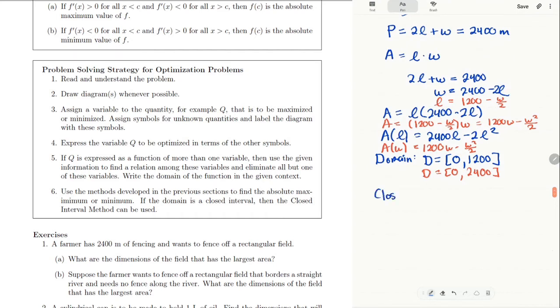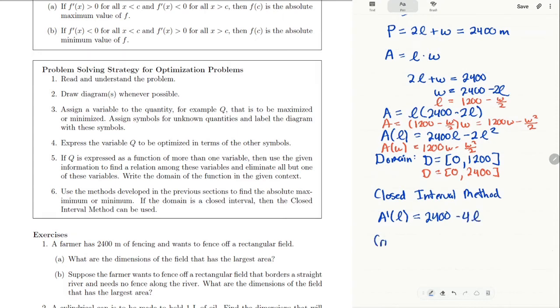So now let's use the closed interval method to determine the absolute maximum of this function. So let's find A prime of L. So that is 2400 minus 4L.